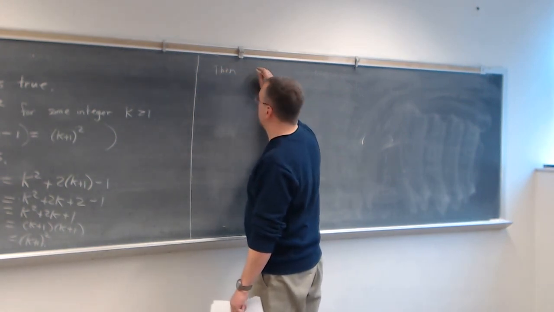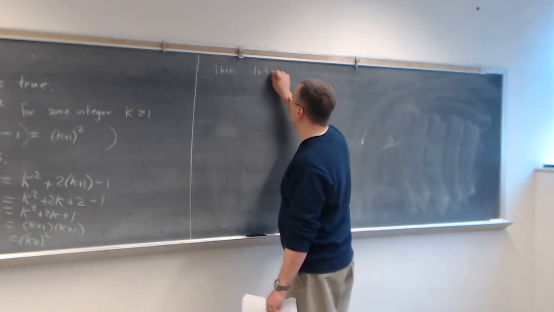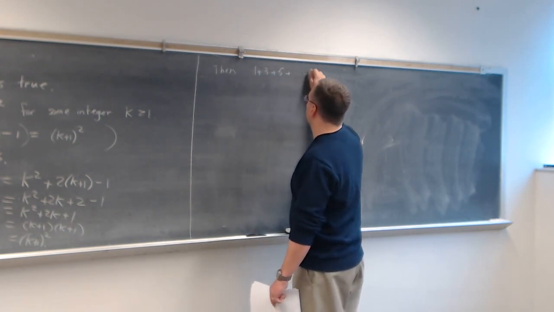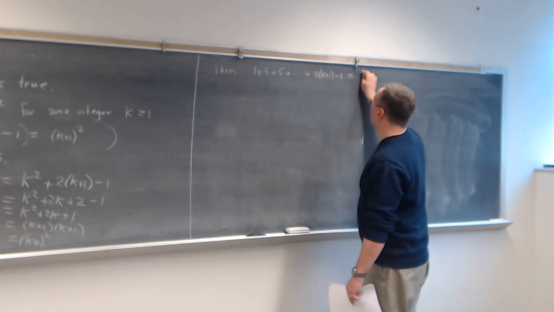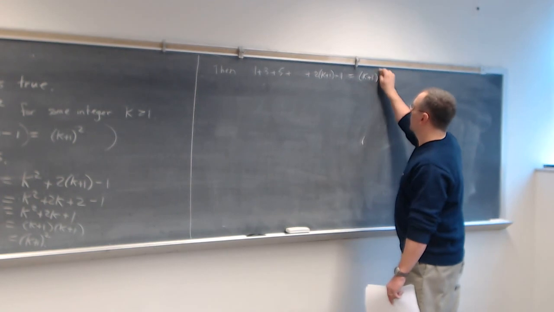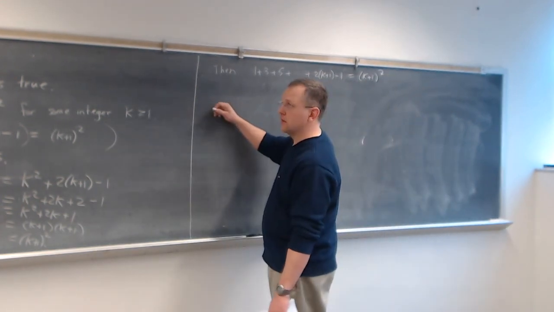Then I've shown that the statement is true for k plus 1. So 1 plus 3 plus 5 all the way up to 2 times k plus 1 minus 1 does equal k plus 1 the quantity squared. Okay, so that finishes the inductive step.